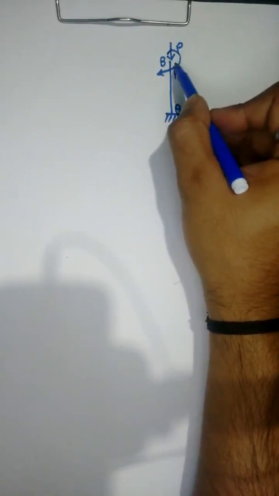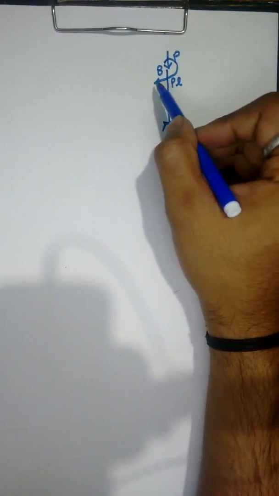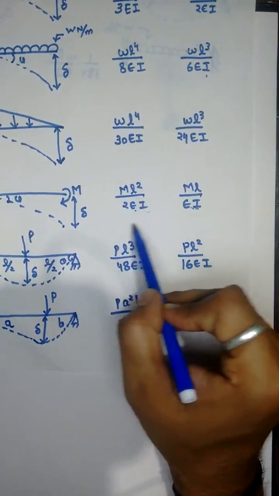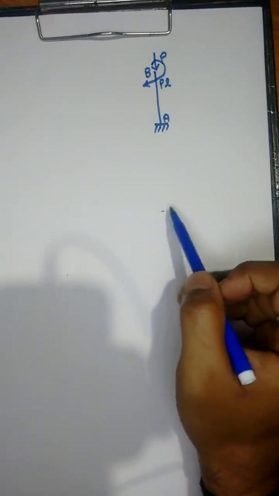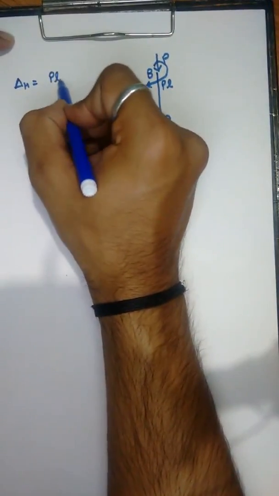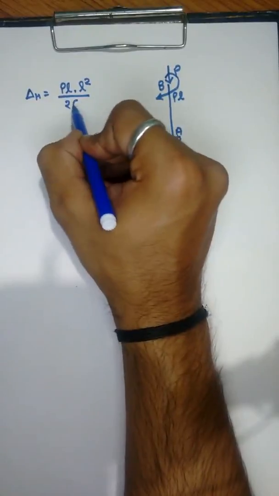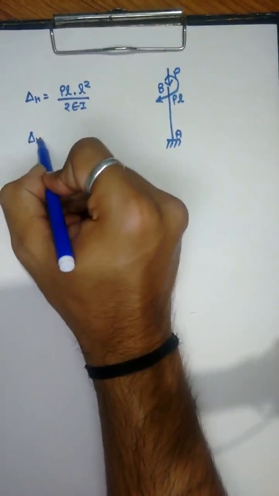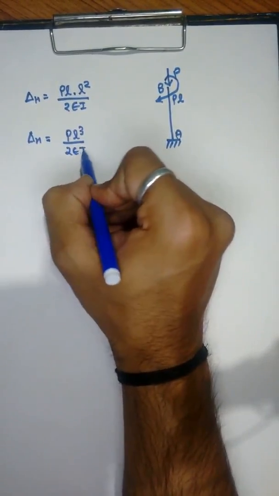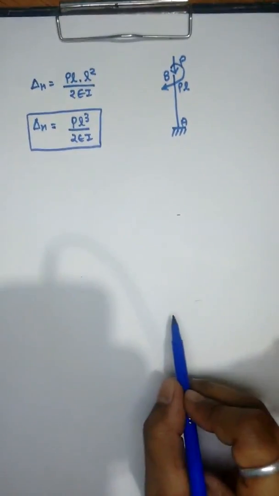It will not cause any deflection. So deflection will be only due to moment PL. So what is the deflection due to moment? The deflection due to moment is ML square upon 2EI. So delta H is equal to M, which is PL, into L square upon 2EI. So delta H is PL cube upon 2EI. So this is the value of delta H.